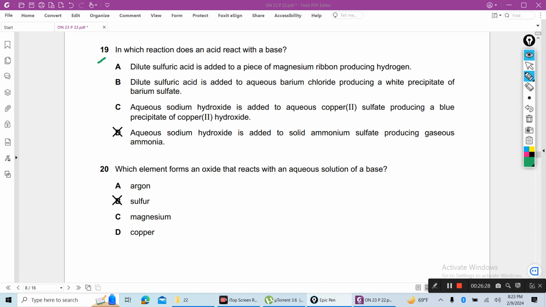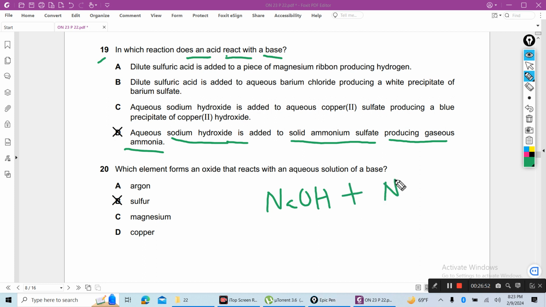Now 19. In which reaction does an acid react with a base? Sodium hydroxide is added to solid ammonium sulfate, producing gaseous ammonia. Sodium hydroxide is an alkali and ammonium sulfate is (NH4)2SO4.